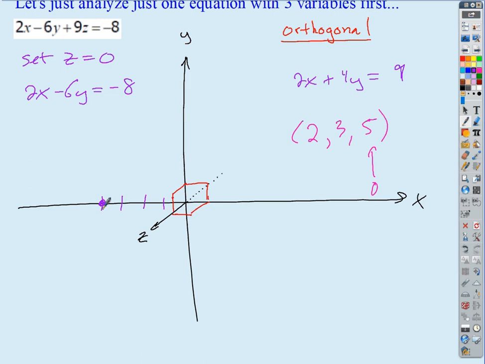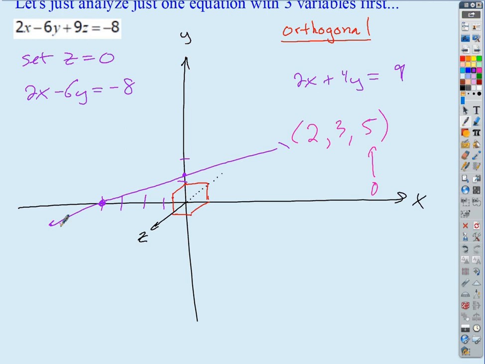If I set x equal to 0, y is 4/3. Okay, so that's going to be just about there. And so this purple line is going to be the intersection of this three-dimensional thing and the xy plane. That's what the intersection is, right?